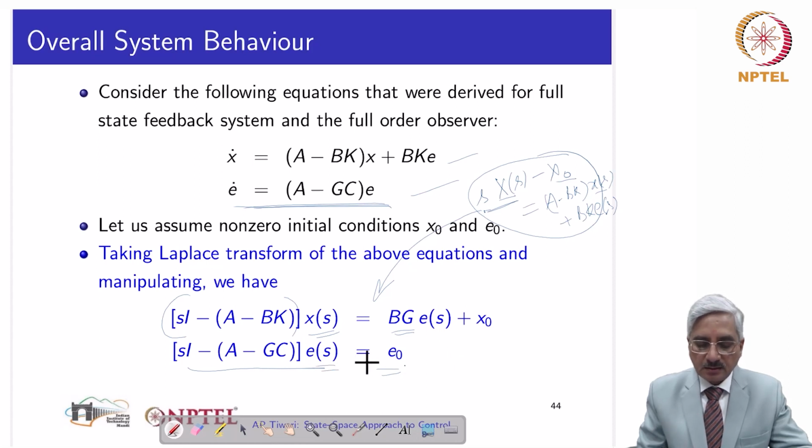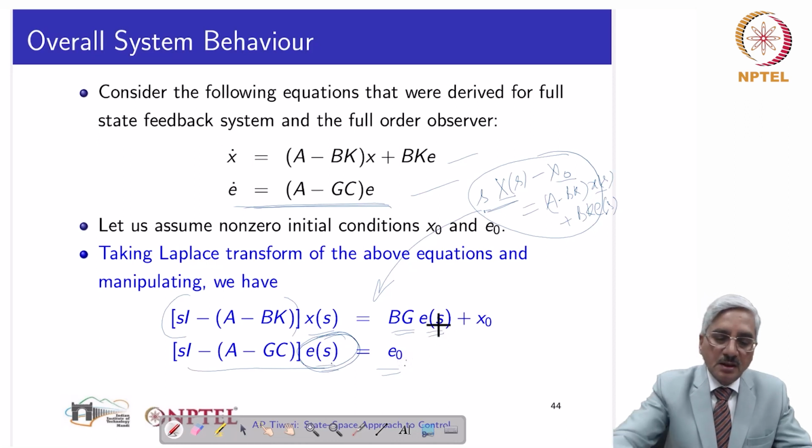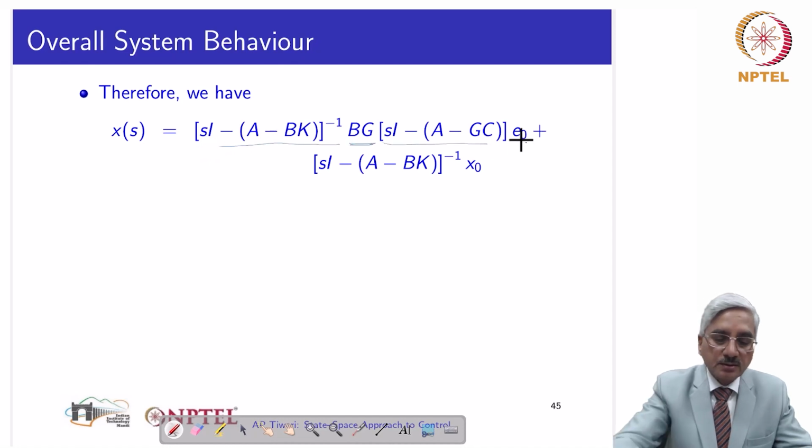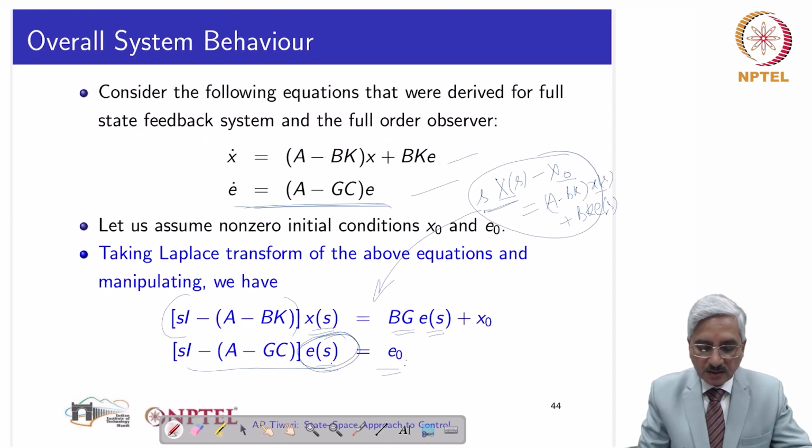We get these things. And now in place of E(s), we obtain E(s) from this and we substitute here. So the first equation gives this: X(s) is (sI minus A minus BK) inverse into BG into this into e0. It comes from here. X(s) is this inverse into BG E(s), and E(s) is this inverse into e0.